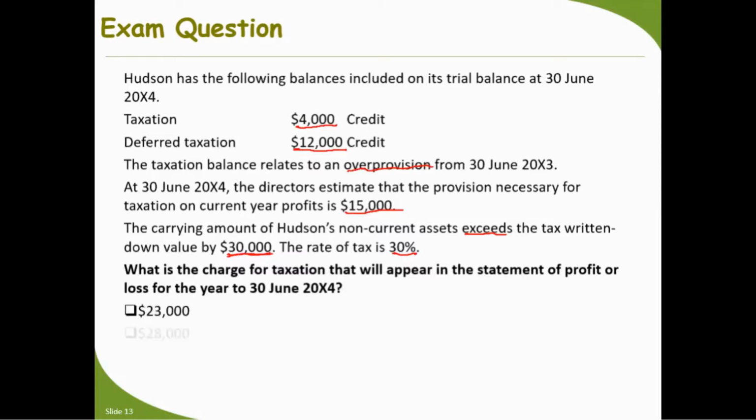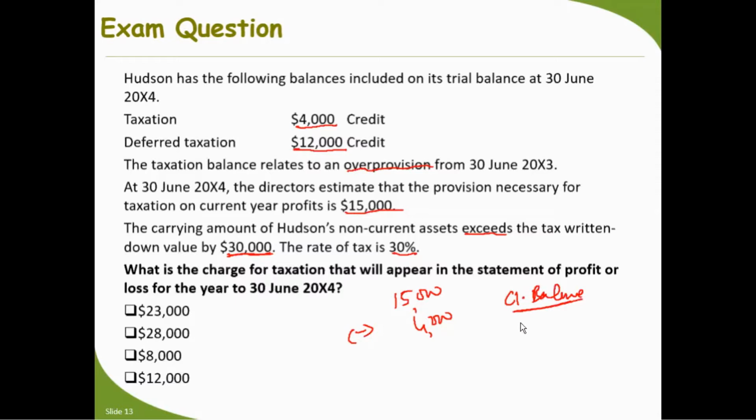So first of all, we will move towards the current year estimate, which is 15,000. Then minus over provision, which is for current tax, 4,000. Then we will calculate the closing balance of deferred tax. Closing balance of deferred tax liability is 30,000 taxable temporary differences times tax rate, which is 30%.